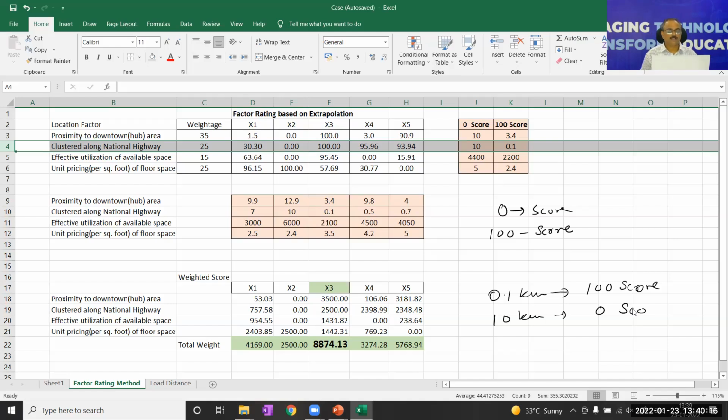For example, if we look at the location X1, what is the distance from National Highway? It is 7 kilometers, so 70% we can give. So we will have to extrapolate it to arrive at the rating value. So here we are calculating the rating.